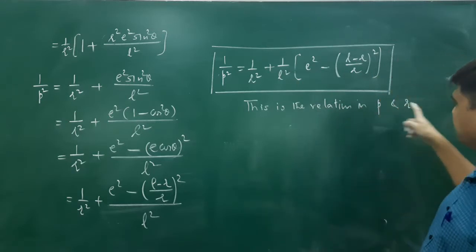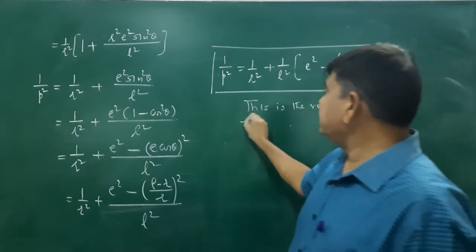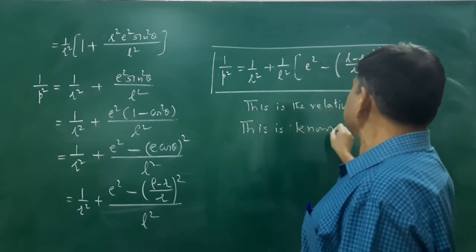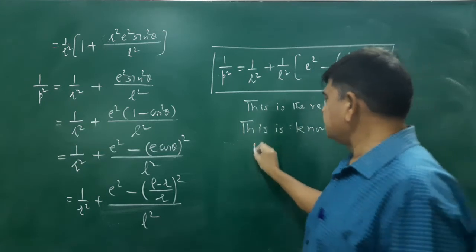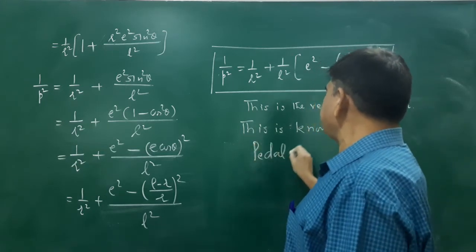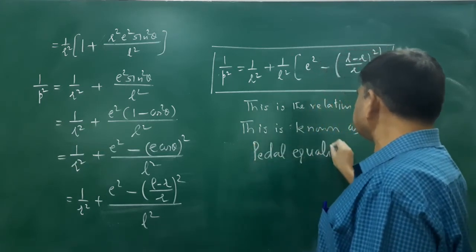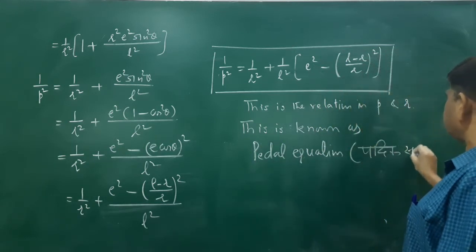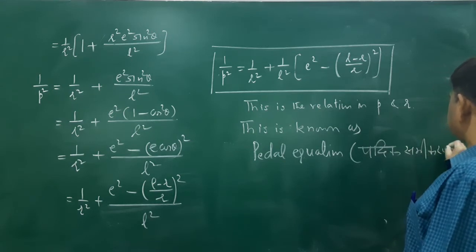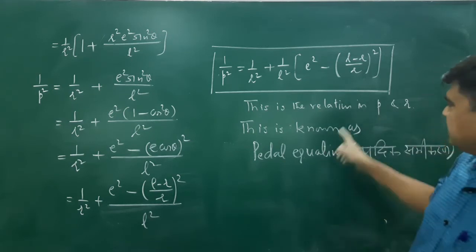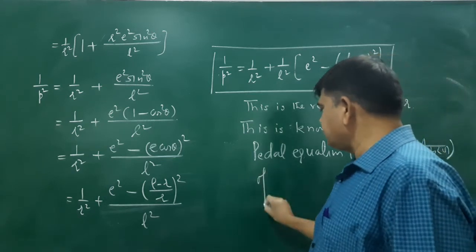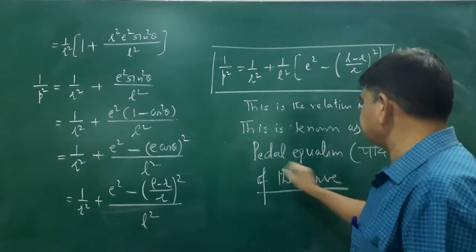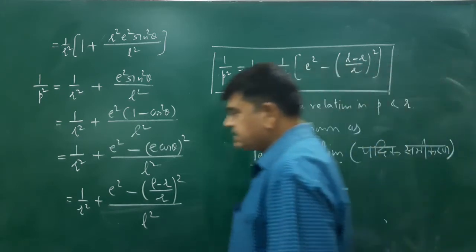So this is the relation in P and R, and this is known as the pedal equation, in Hindi paadik samikaran. This is known as the pedal equation of the curve. This is very important.